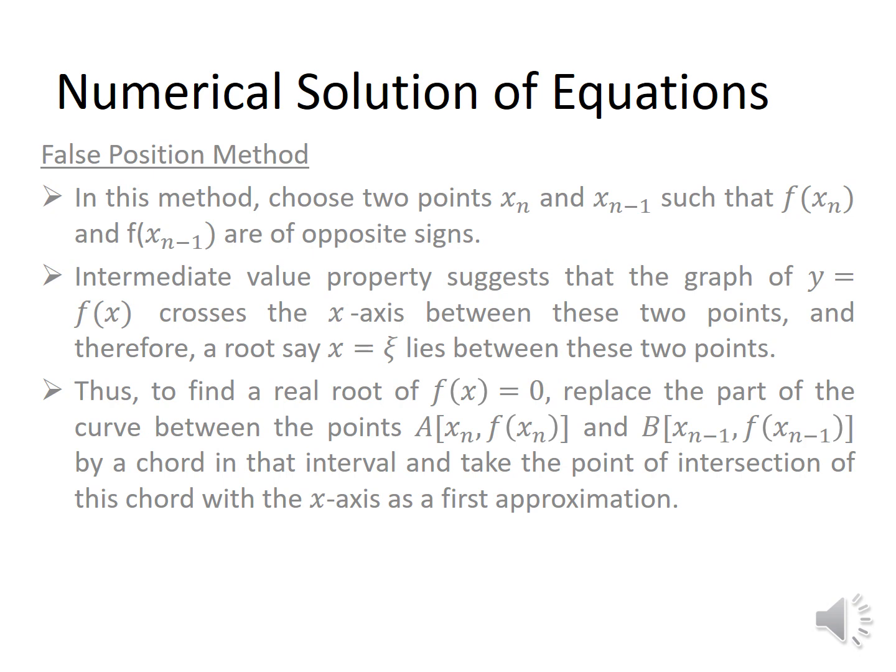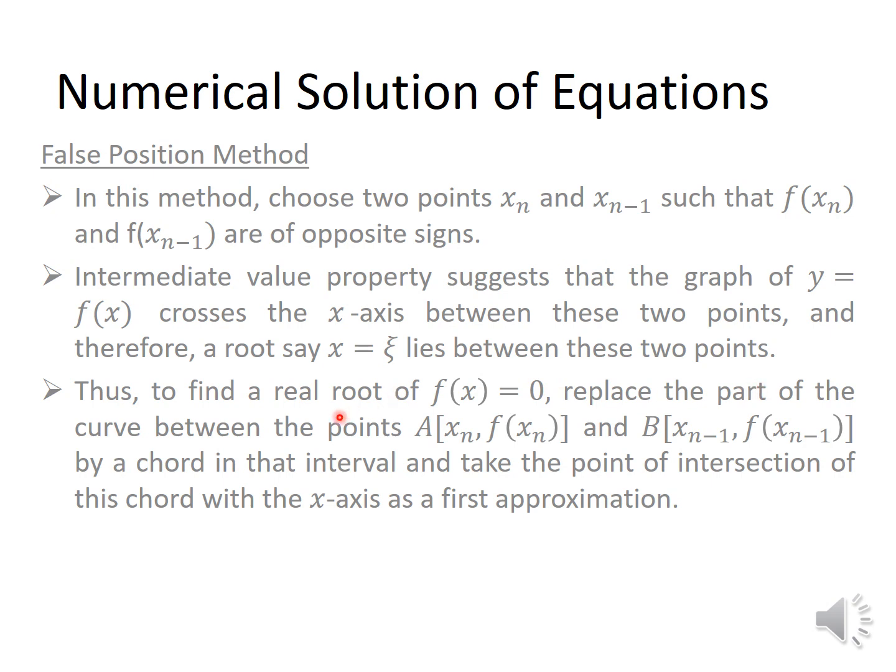This is the second method. In this method, choose 2 points xn and xn minus 1 such that f(xn) and f(xn minus 1) are of opposite sign. The intermediate value property suggests that the graph of y equal to f(x) crosses the x-axis between these 2 points, and therefore a root x equal to psi lies between these 2 points.